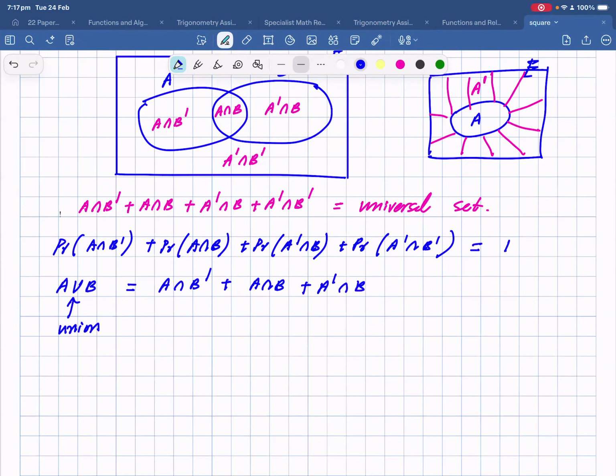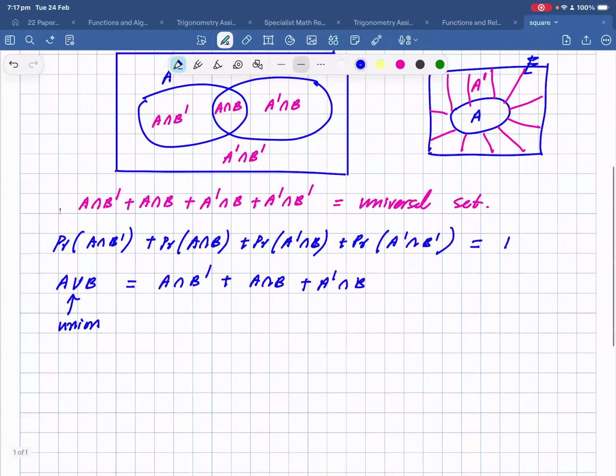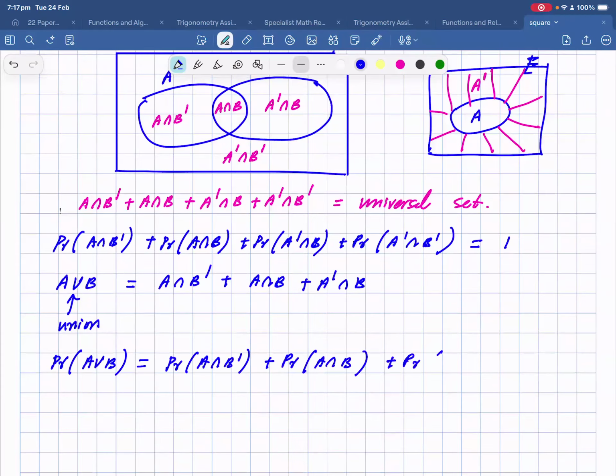Now, if you want to understand the probabilities, I'm introducing probability now. Probability of A union B is equal to probability of A intersection B prime, probability of A intersection B, probability of A prime intersection B. Okay.